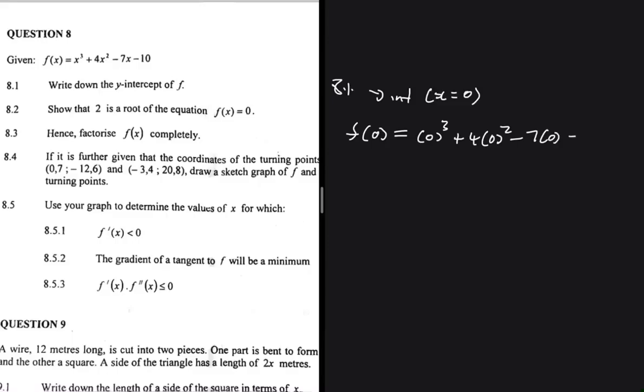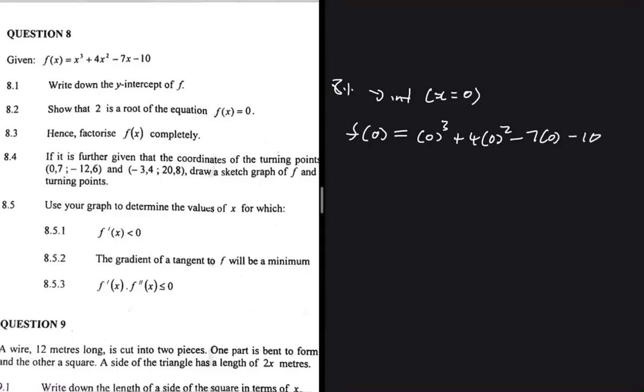Write down the y-intercept of f. Right, so as soon as I hear y-intercept, I'm thinking x equals 0. So let's go ahead and substitute x equals 0 into f of x. If you substitute 0 into f of x, you're going to get 0 to the 3 plus 4 multiplied by 0 to the 2 minus 7 multiplied by 0 minus 10.